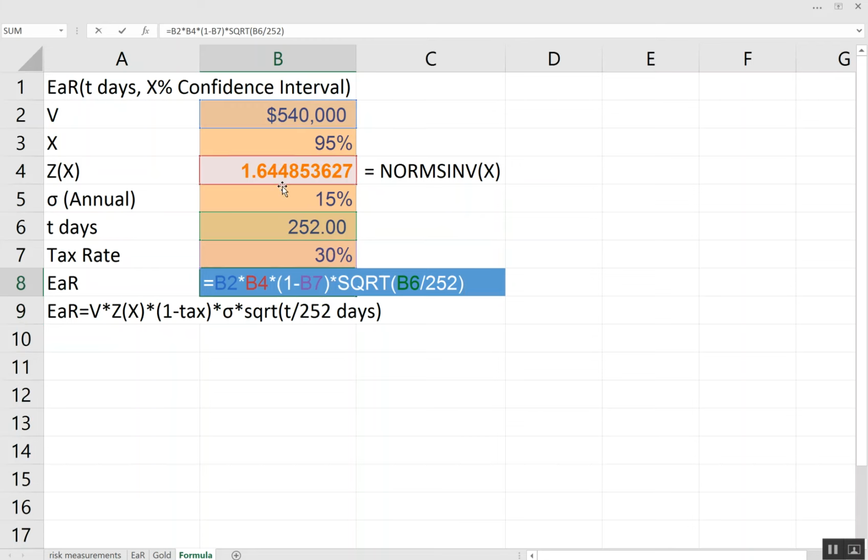Whoops, I made one mistake here. It's not coming out to exactly the number. So let's see what I did here. I take my V times my Z of X times 1 minus the tax rate times the square root of T divided by 252.